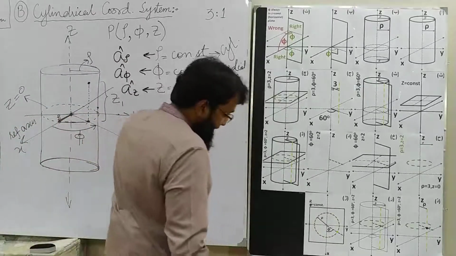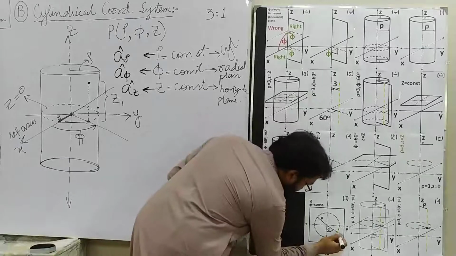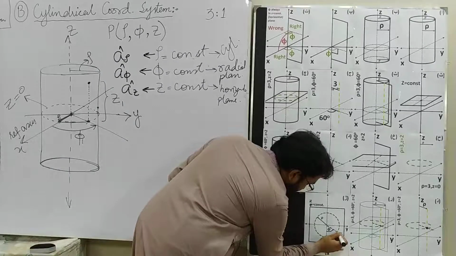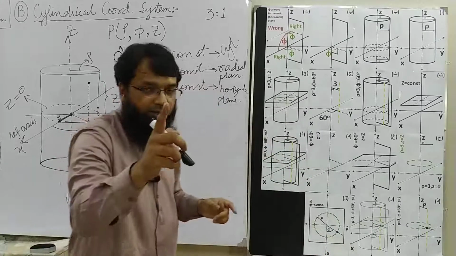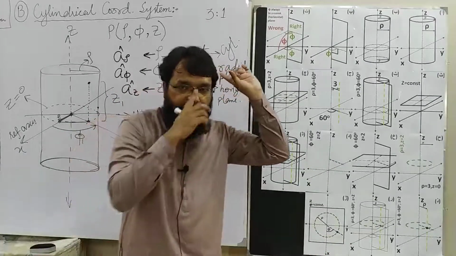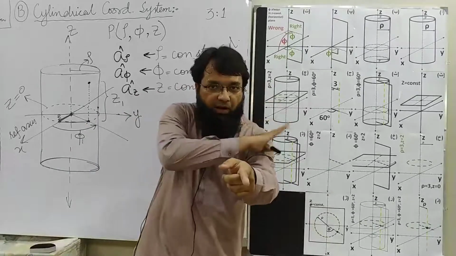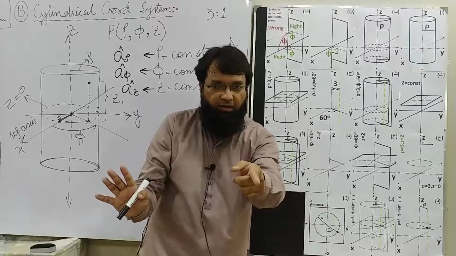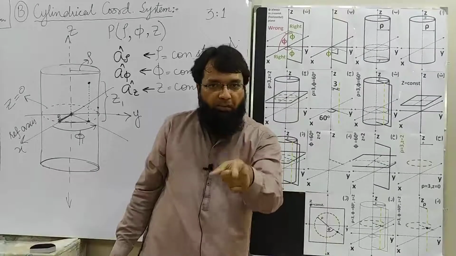All right, so let's try to draw it here. So if I'm at this yellow point here, and remember that in the case of Cartesian coordinate system, when we were moving in the direction of ax, the coordinates y and z were not changing. All right, this is also the property of the primitive unit vector.